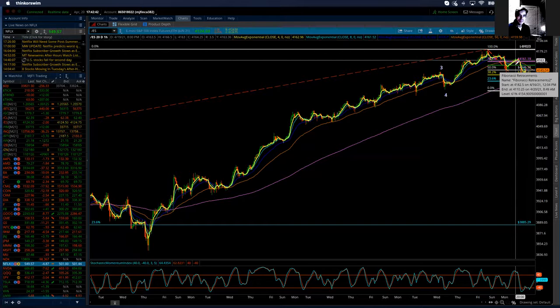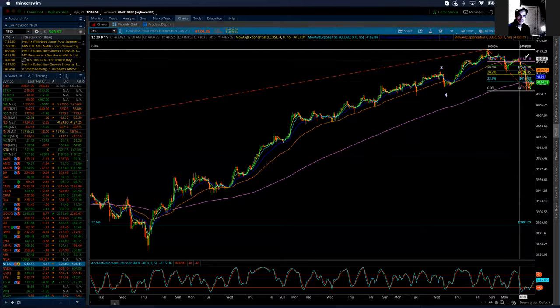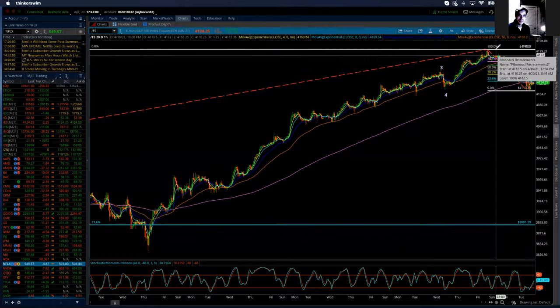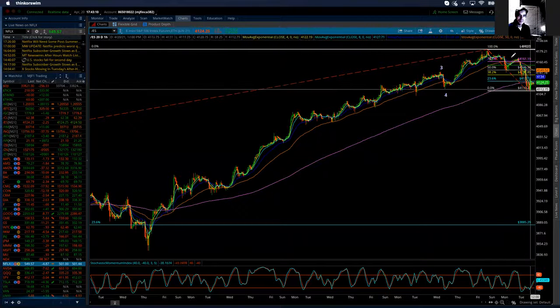I would anticipate that B wave to at least get to 0.618, which is 4154, 4155. But essentially we can go to 4161. We would really be looking to get closer to the highs, the area of the existing highs, and then for the next C wave decline to come, under the current pattern on what I'm seeing.